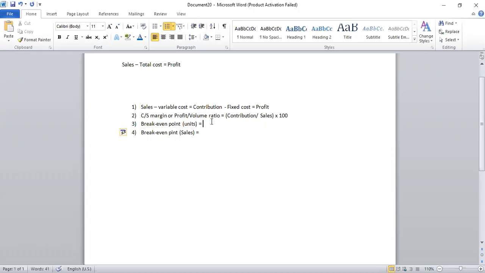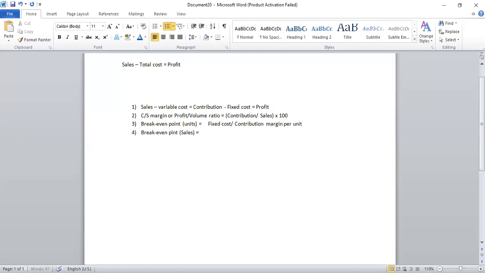The first one has fixed cost divided by contribution margin per unit. That's the formula.